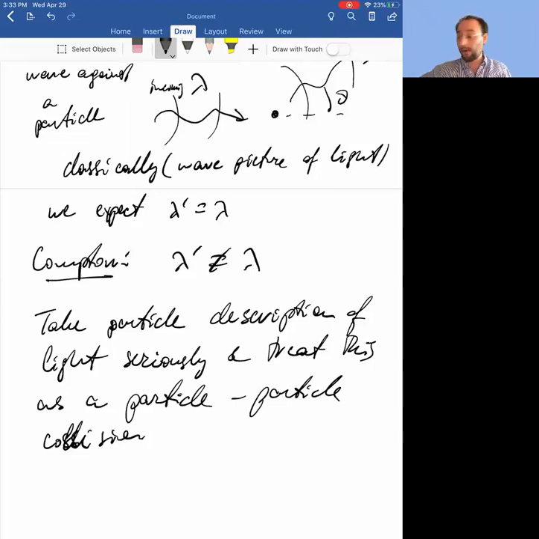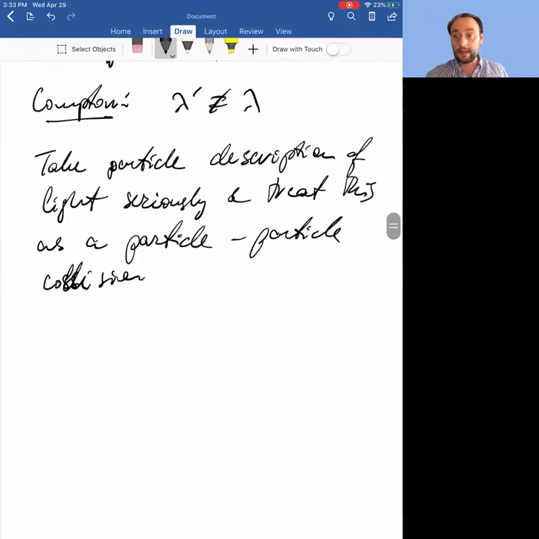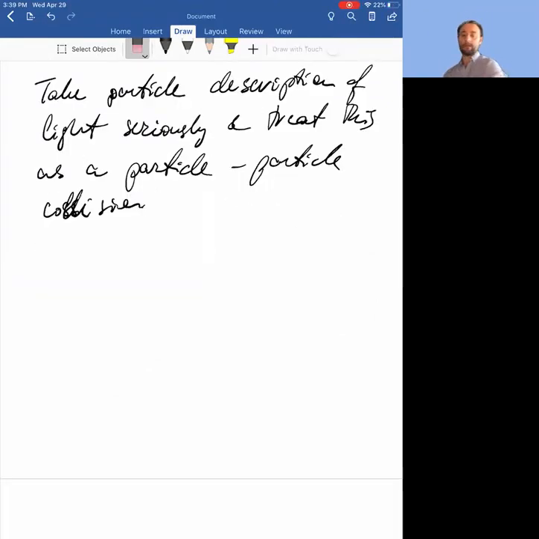Now, if we take Einstein's idea seriously, and take it as a particle seriously, we have to use the energy of that particle, which is given by E equals hf. That's what Einstein proposed.